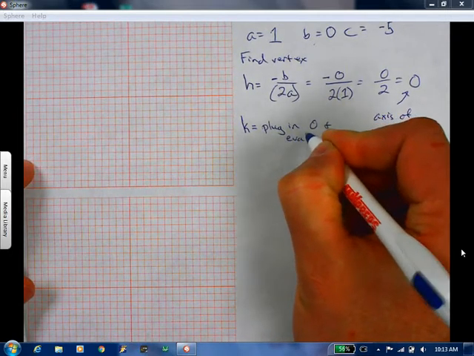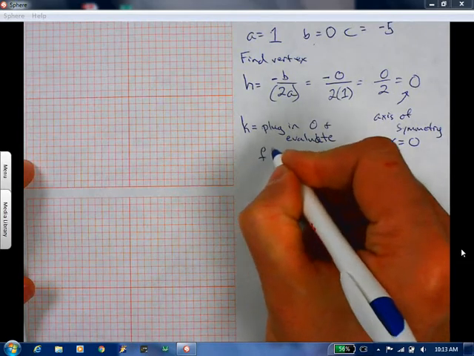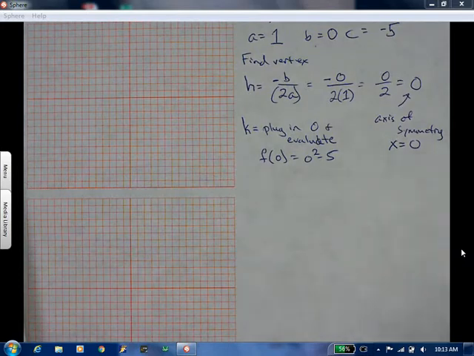Okay, so for our k value, we're going to plug in 0 and we're going to evaluate. That is, we're going to find what is f of 0. So what is 0 squared minus 5? What's 0 squared?